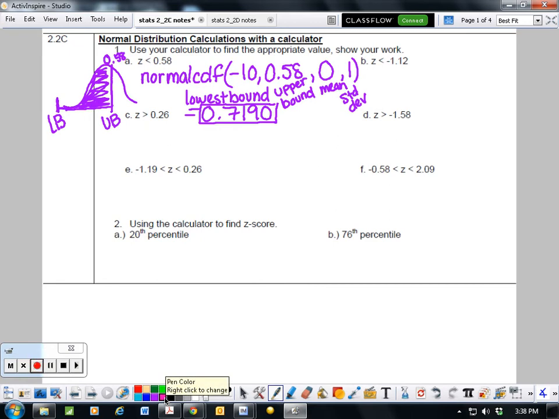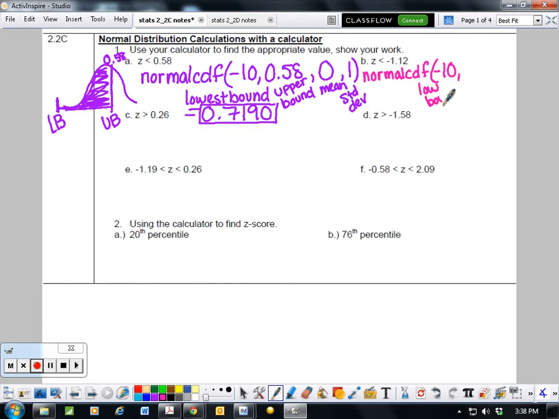So on the next one, we have z is less than -1.12. So this is going to be, again, a normal CDF. My lowest bound, because I want it to be everything less than, is going to be just a really low number. You can even do -1000 if you want to, but -10 is low enough. And this is my lower bound.